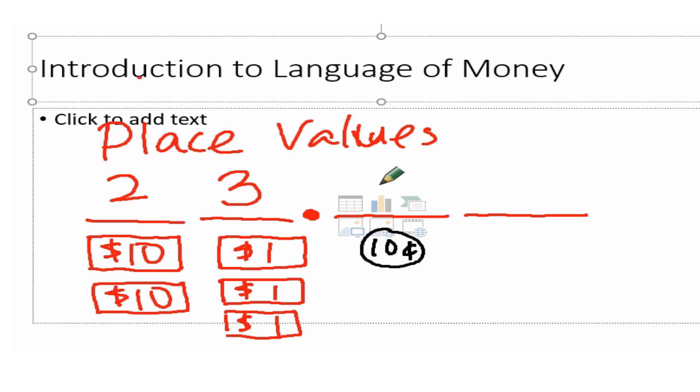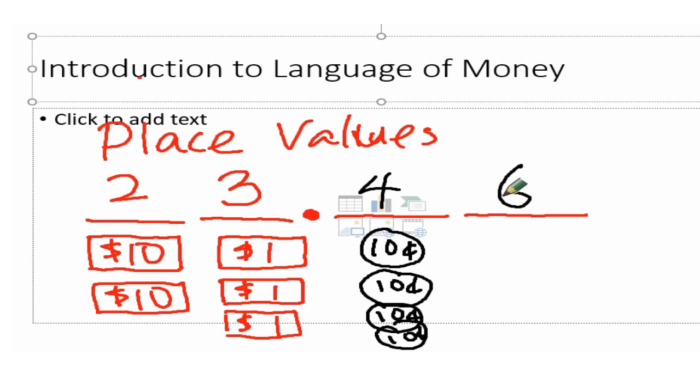So for example, if there is 4, I don't want to draw too many dimes, I'm just going to put 4. That means I have 4 dimes. So I'm going to draw 4 dimes to help you understand. And then the last place, 2 places to the right of the decimal point, are the pennies. Let's say I have 6 pennies. 1 cent means pennies.